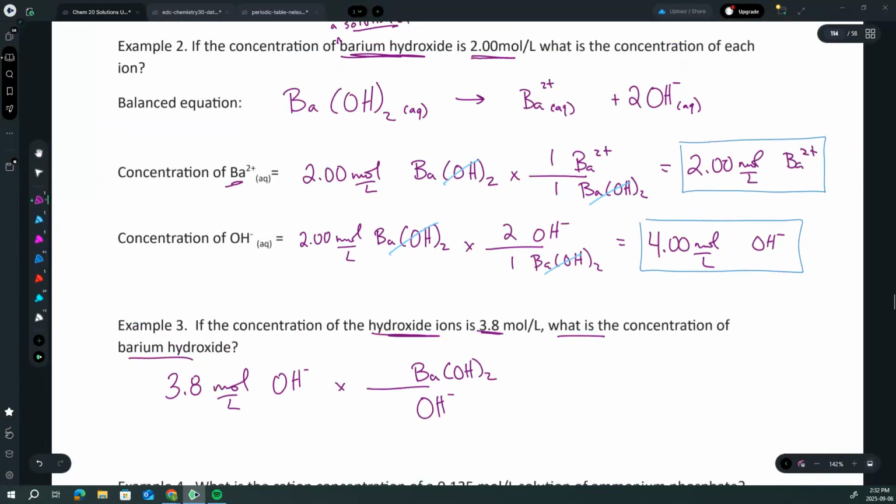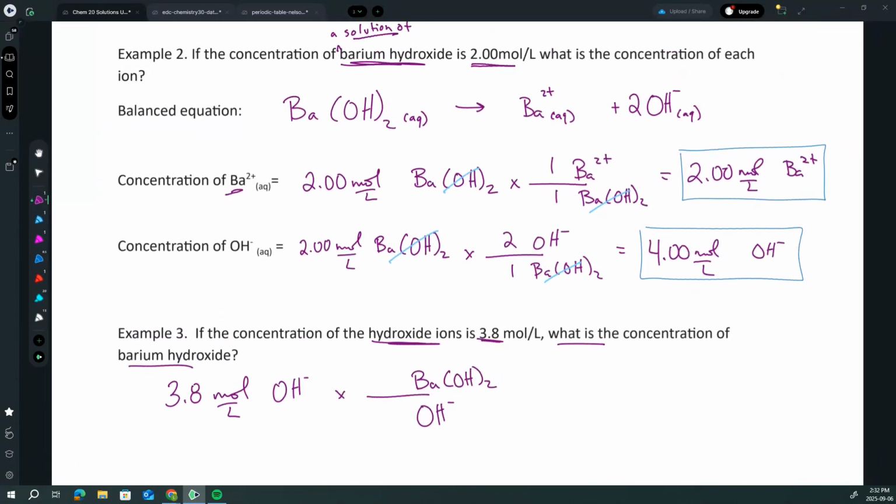Okay, so looking back at our dissociation equation, 1 coefficient there, 2 coefficient there. So you're taking 3.8, timesing it by 1, dividing it by 2. Okay, so that's going to give us 1.9 mole per liter.